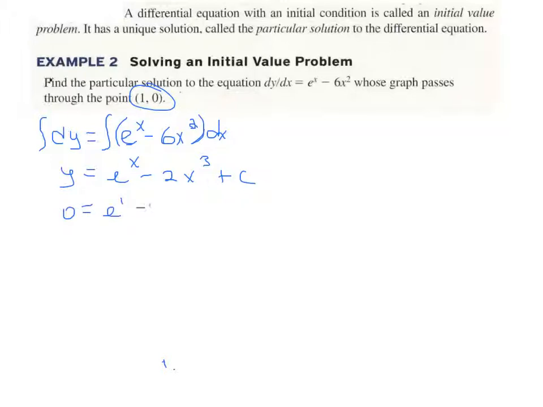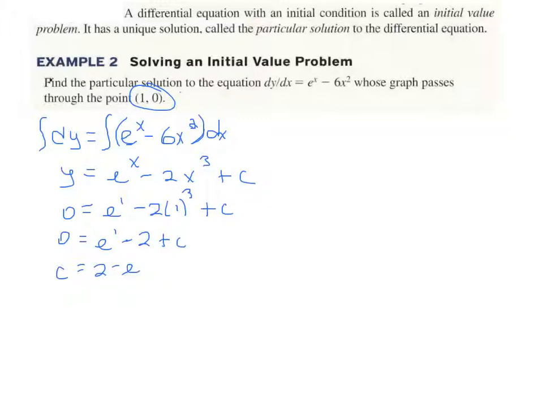So we go ahead and substitute everything in, and we'll solve for c. Doing this on my iPad, so it's a little hard for me to write very neatly on this. I apologize. Okay, so then that's going to just mean that we got 0 equals e to the 1 minus 2 plus c, and so c will equal 2 minus e.